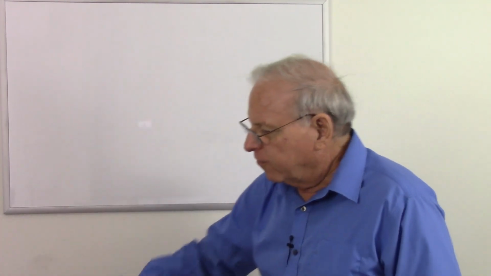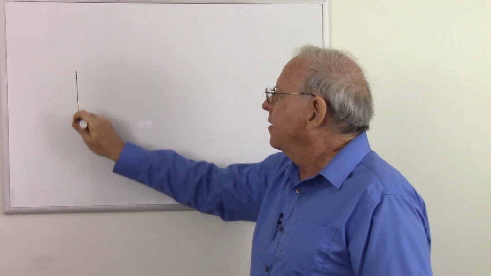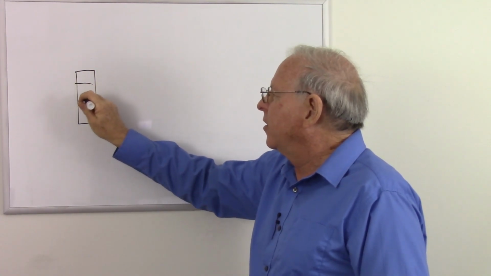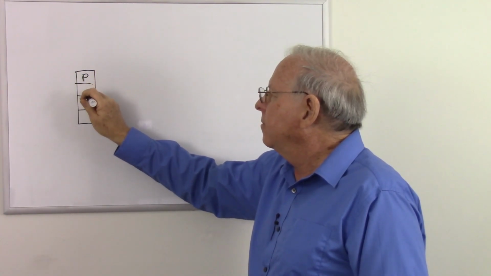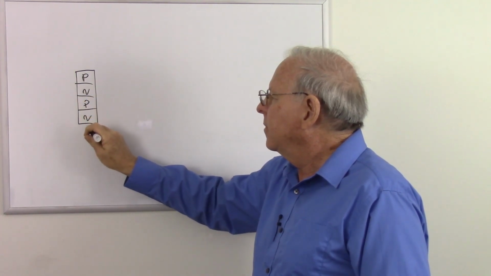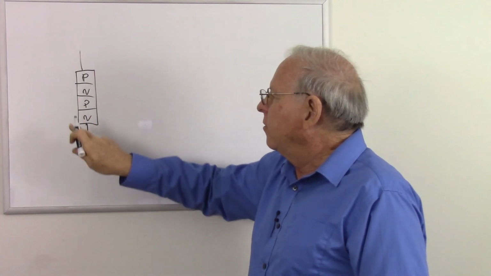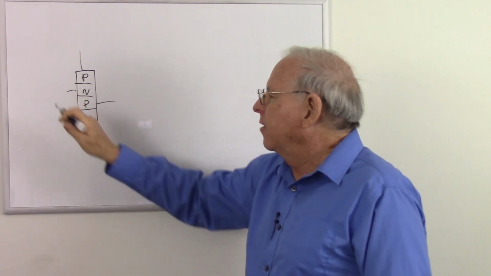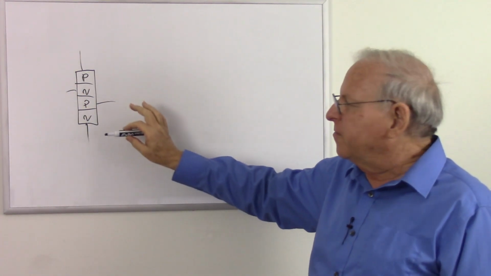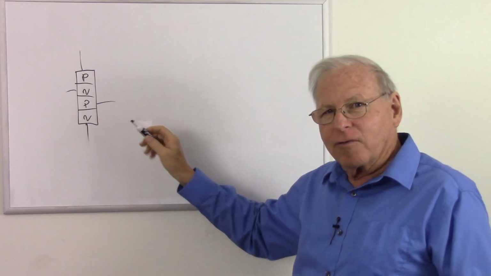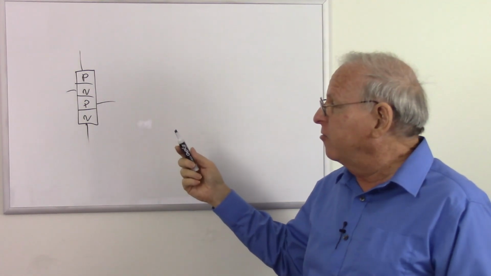It's also a 4-layer device, except it has 2 gates. So there's our 4 layers. Anode, cathode, 1 gate, another gate. Now I'm really oversimplifying this, but just showing you that they are 4-layer devices just for your edification.